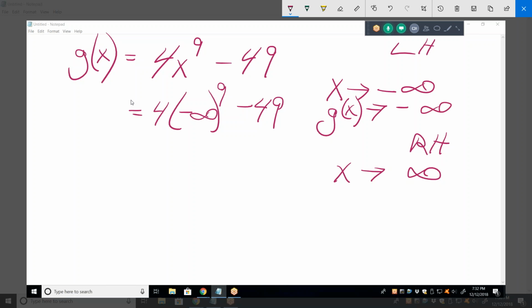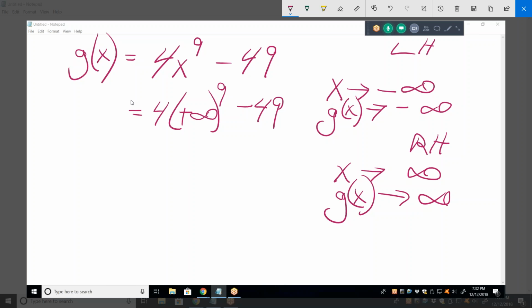Right-hand end behavior, you plug positive infinity in. What's positive infinity to the 9th power? Positive infinity. So that's the difference. The left-hand end behavior is negative infinity. The right hand is positive. Now, technically, infinity is not a number.